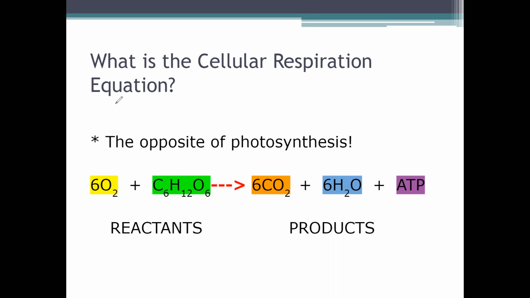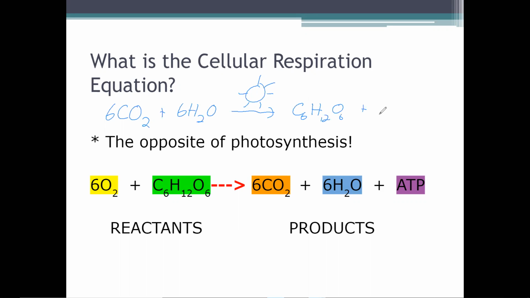So photosynthesis, you start with 6 carbon dioxides plus 6 waters, and you add in some sunlight, and you get glucose and 6 oxygens. Okay, so this is photosynthesis here.